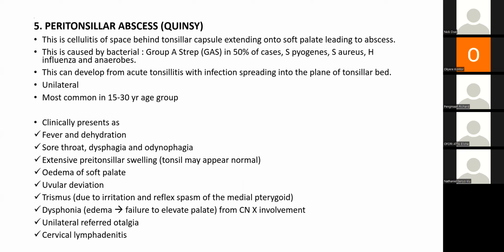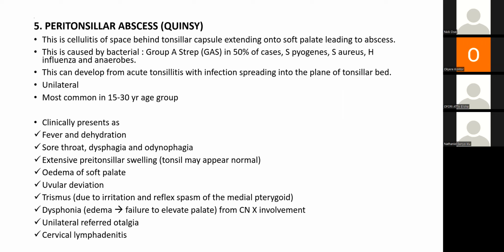Yes, and then there could also be a condition we call peritonsillar abscess. That is when the area around the tonsils becomes inflamed, with the offending agent being bacterial in origin, such as the group A Streptococcus, Streptococcus pyogenes, Staph aureus, Haemophilus influenzae, as well as certain anaerobic bacteria.